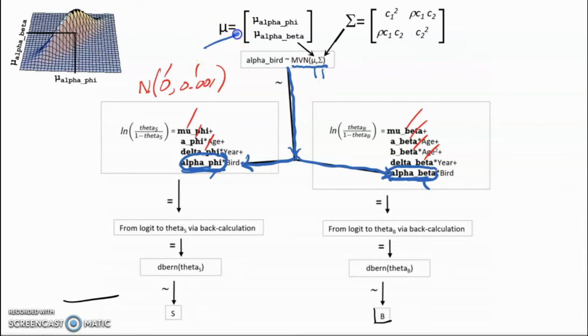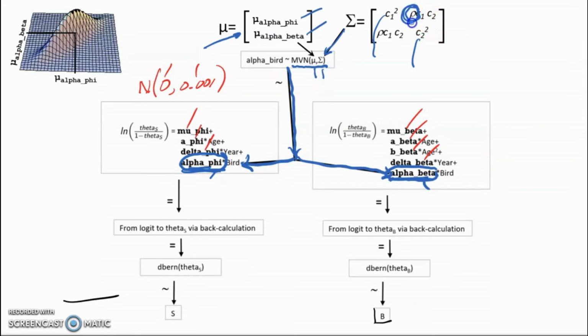So what's mu? Mu is going to have its parameter, the overall mean of the alpha phis, the overall mean of the alpha betas, and the covariance matrix is going to have C1, which is the variance of the breeding ability, C2, the variance of the survival ability, and rho, the correlation between the two.